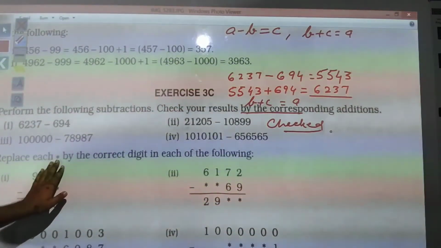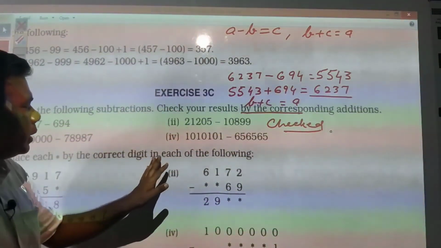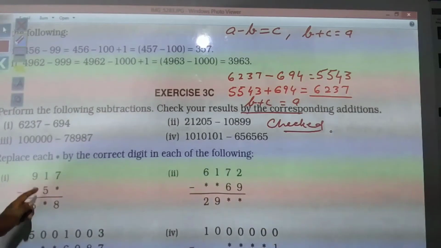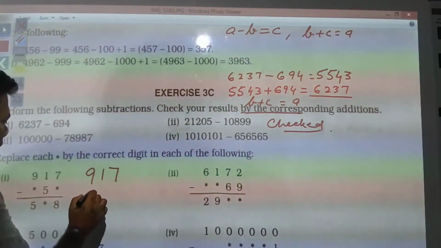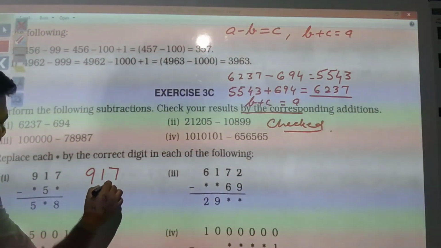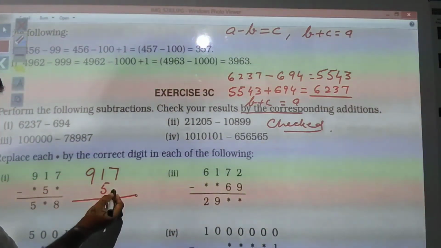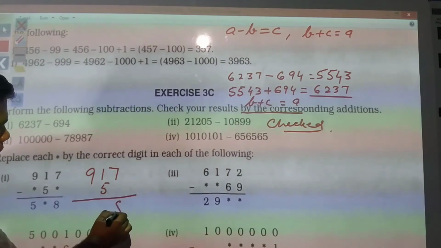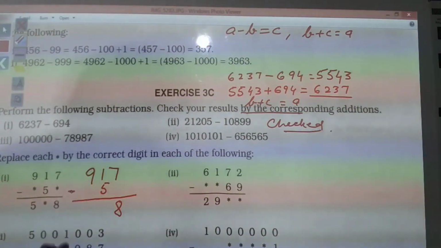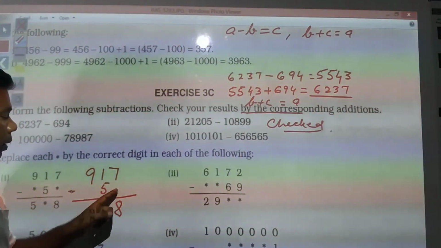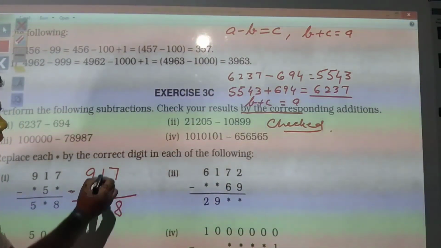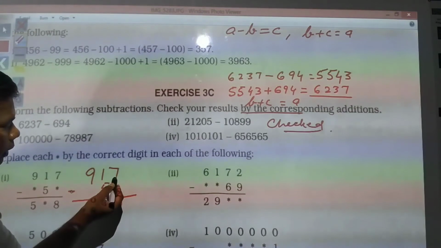Replace each star by the correct digit in each of the following. Here you see 917, and here you have a star, and here you have 5. Now you see what number is required to be put so that you will get 8 when you subtract. So here you see this is 7.